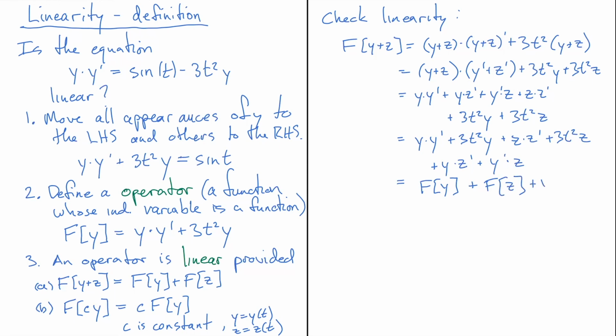But then I've got these extra bits that I can't get rid of because this extra bit is not guaranteed by any means to be 0. I can plug any function y and any function z in there, and there's no reason for those things to be 0. So what this means is that condition A has already failed.